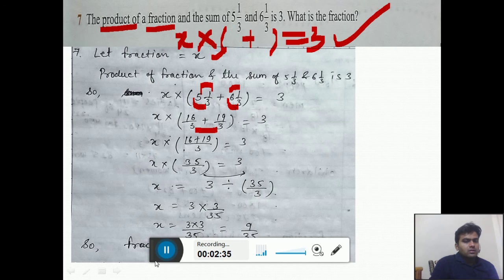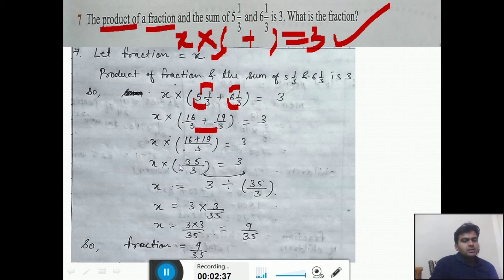Now what we can do here, this fraction 35 upon 3 we can transfer to that side. When we transfer this whole fraction 35 upon 3 to that side, the multiplication sign will change into the divide sign.